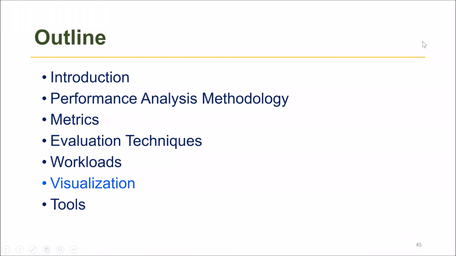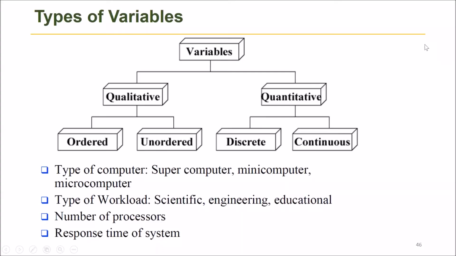It is important to present the result of performance evaluation in a way that we can infer meaningful information from them. In the next slide, we present how to visualize the data. There are 4 types of variables: qualitative variables that are ordered or unordered, and quantitative variables that can be either discrete or continuous.